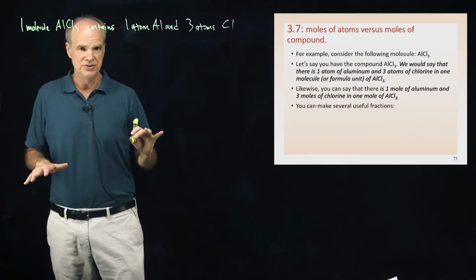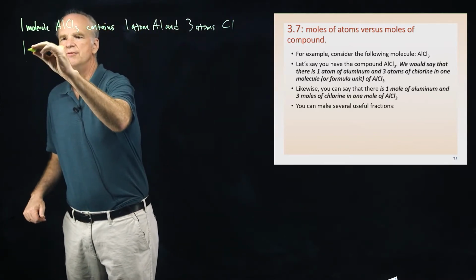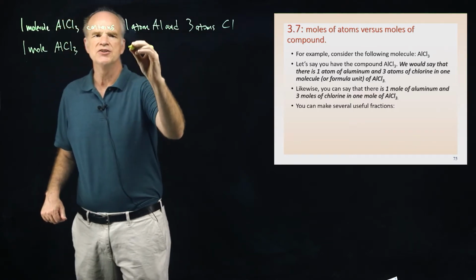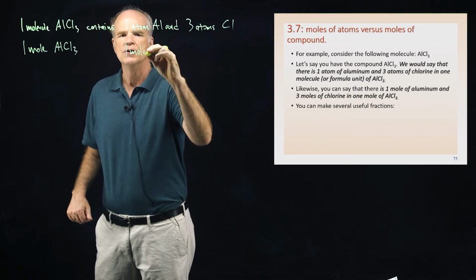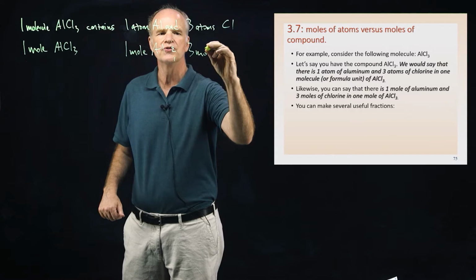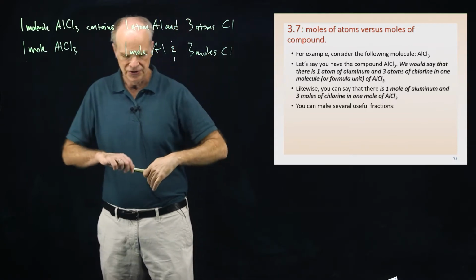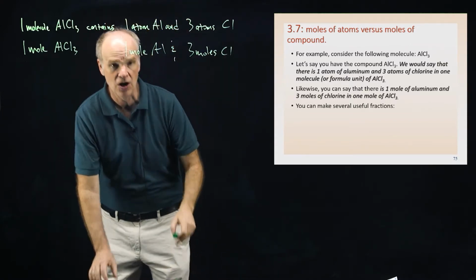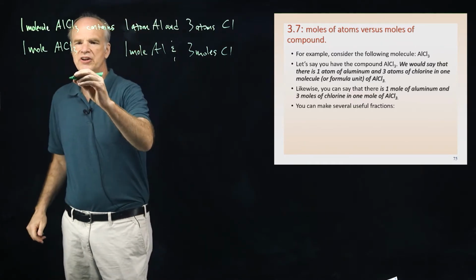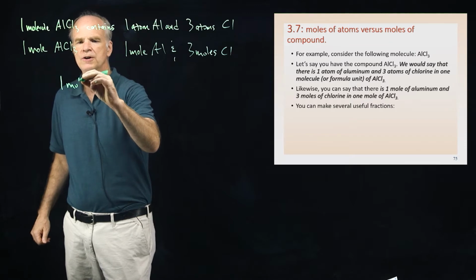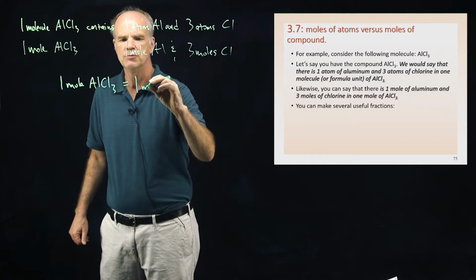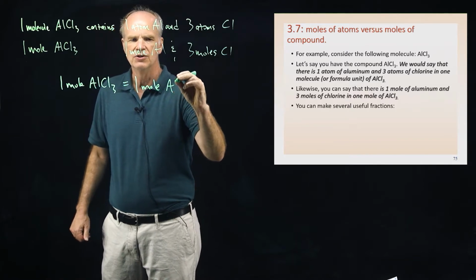So we can write 1 mole of aluminum chloride contains 1 mole of aluminum and 3 moles of chlorine. At this point we can set up some equalities. One equality we can set up is that 1 mole of AlCl3 is equal to 1 mole of aluminum.